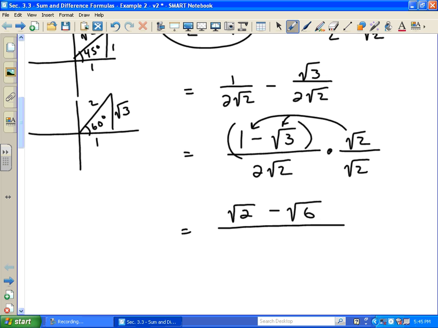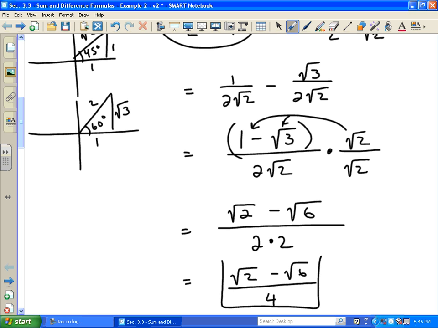On the bottom, the constant 2 stays, and then the square root of 2 times the square root of 2 is just 2. And then that simplifies to the square root of 2 minus the square root of 6 all over 4. And that's the final answer for the original question, what's the value of cosine of 7 pi over 12?